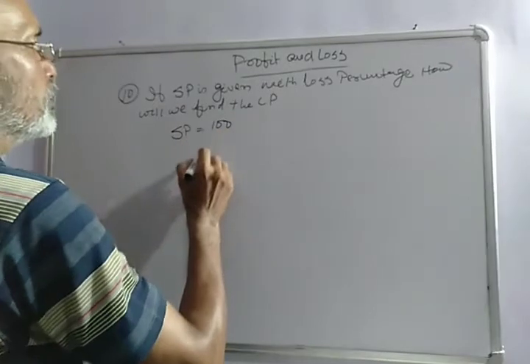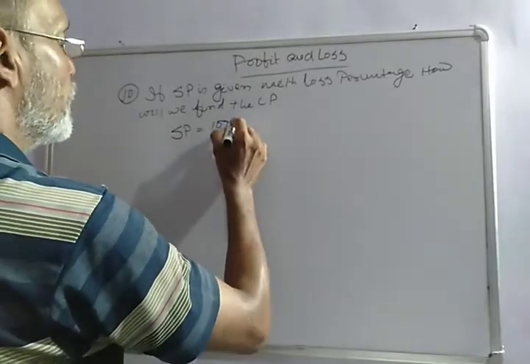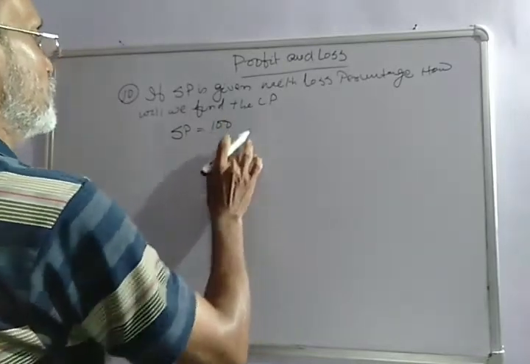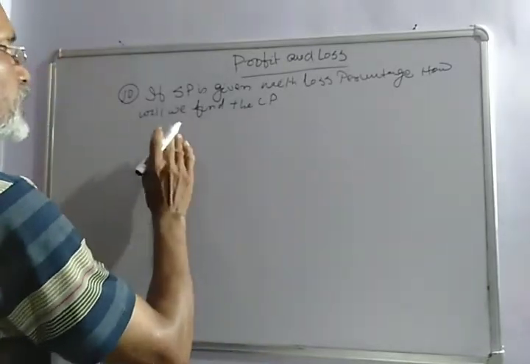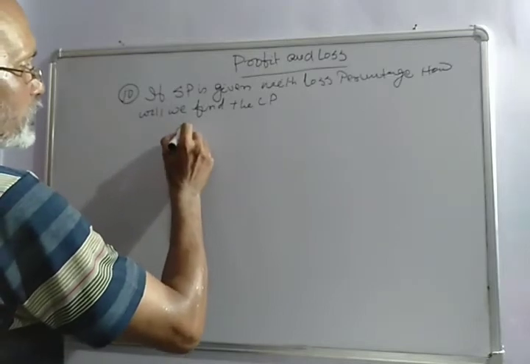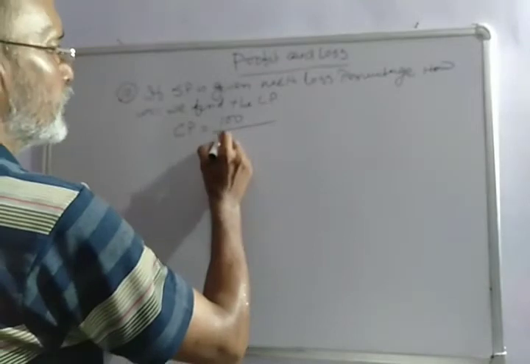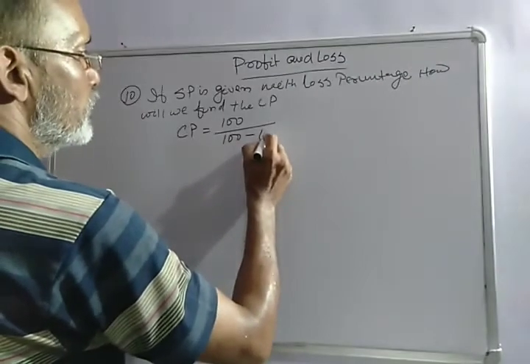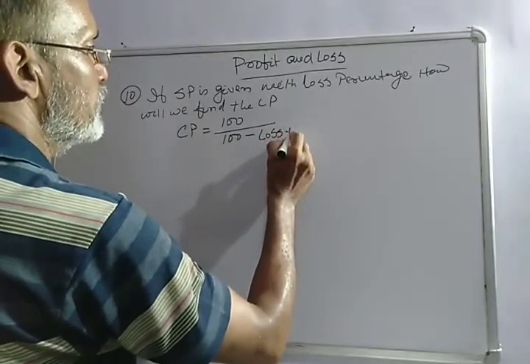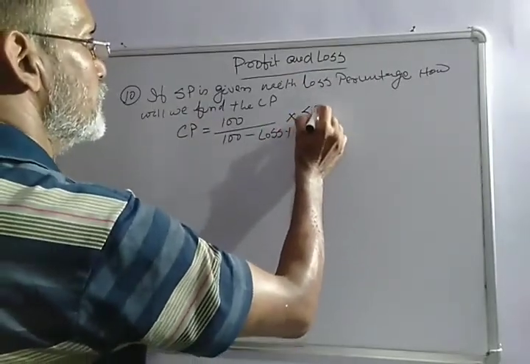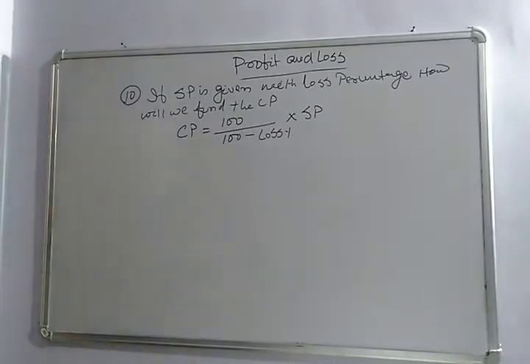In this case, we have to find out the cost price. So cost price is equal to 100 by (100 minus loss percent) into SP.